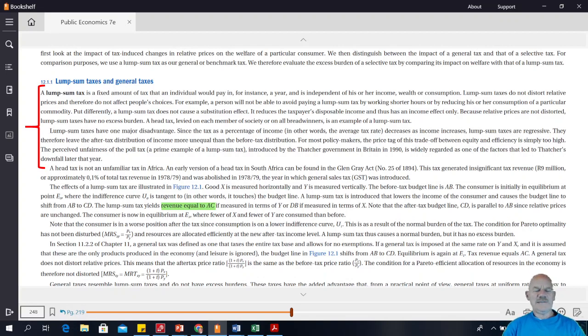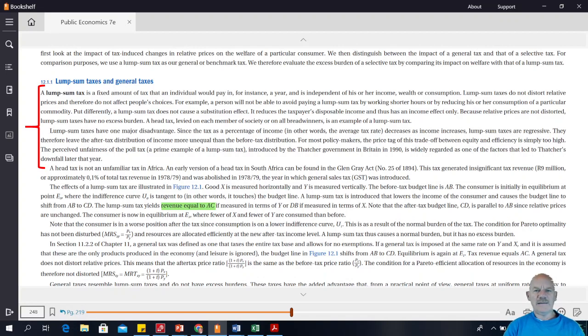Now a lump sum tax, the first two paragraphs that I've highlighted there are very important, so read them a few times. It's a fixed amount per individual, which is not a function of income, wealth or consumption. It's just something like Margaret Thatcher implemented in Britain, a poll tax.